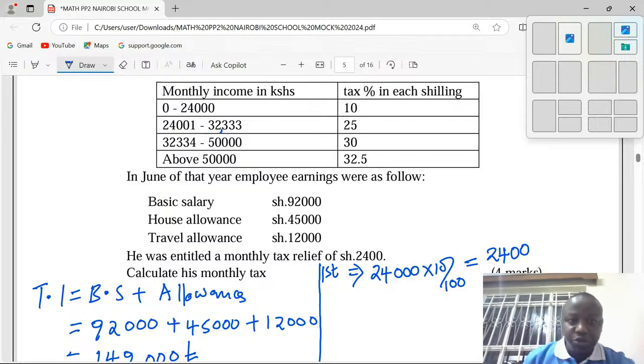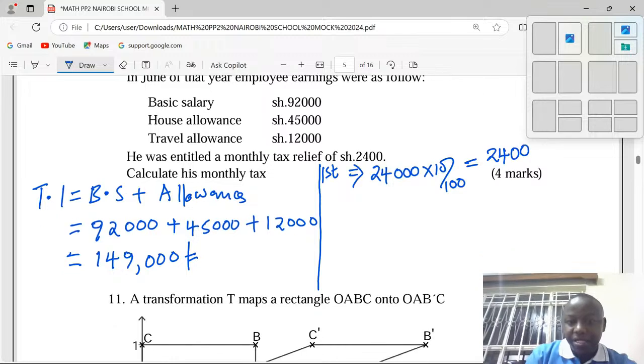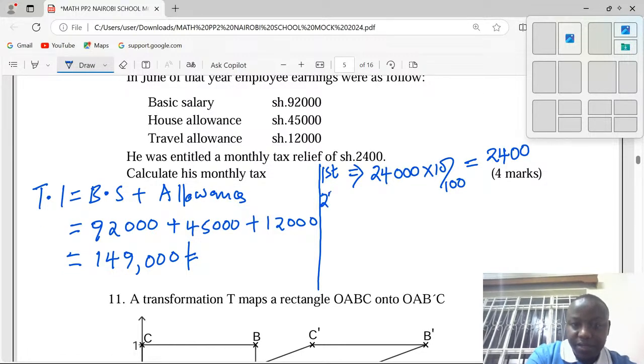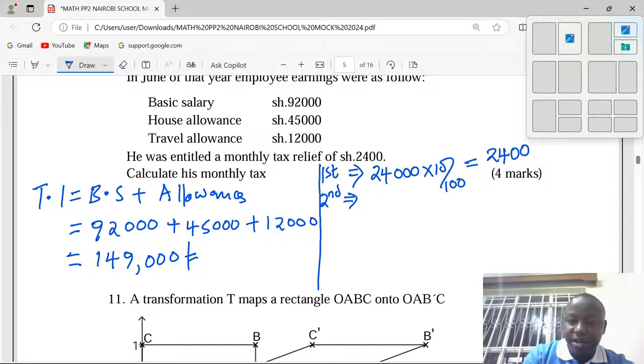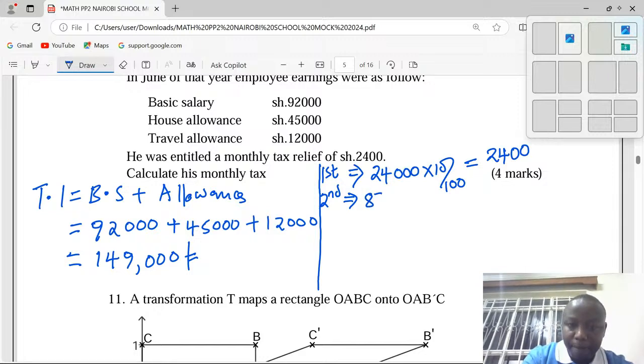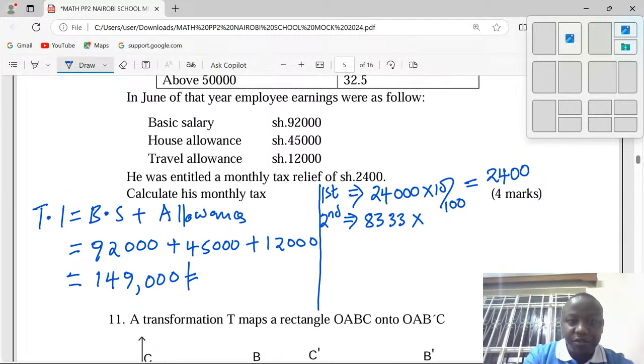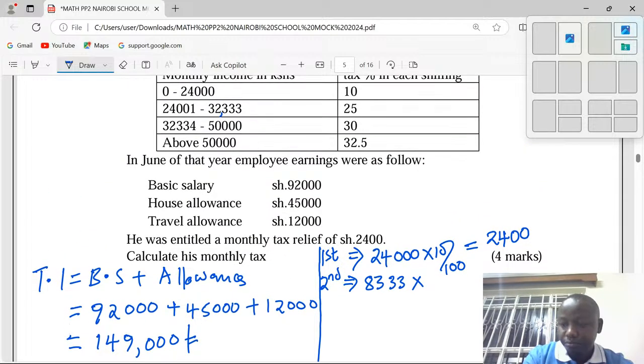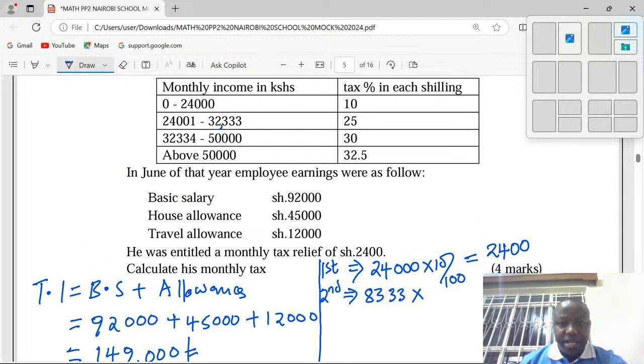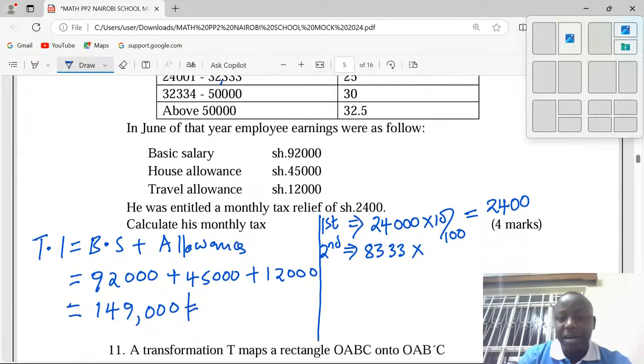In the next bracket, we shall subtract 32,333 minus 24,000. And in the second band, we shall be taxing 8,333 at the rate of 25%.